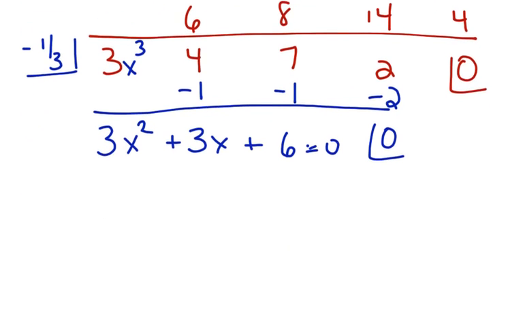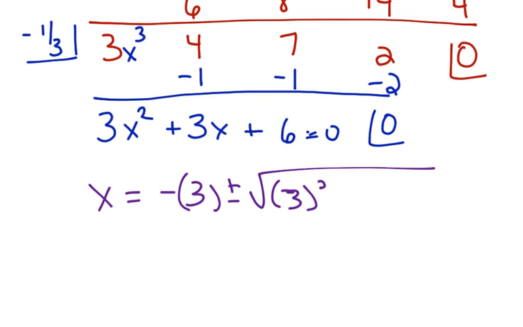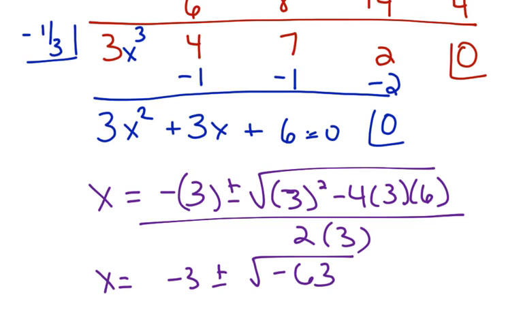So, x equals the opposite of b plus or minus the square root of b squared minus 4ac all over 2a. So x is negative 3 plus or minus the square root of negative 63 over 6.